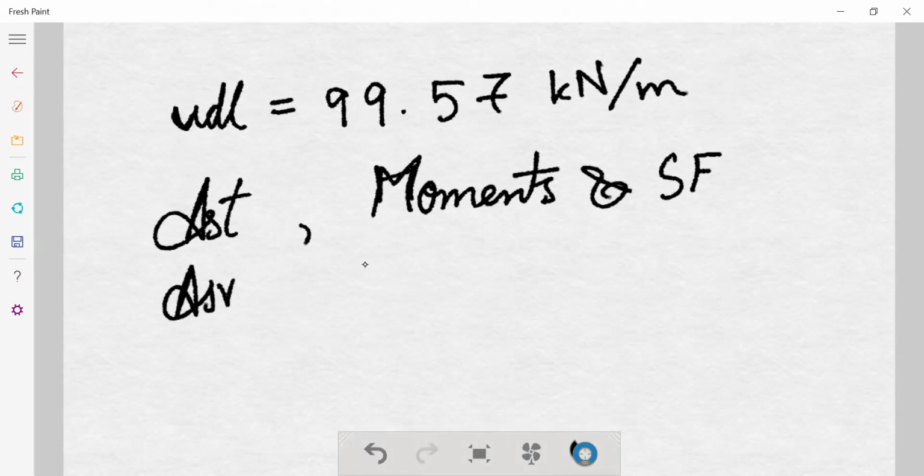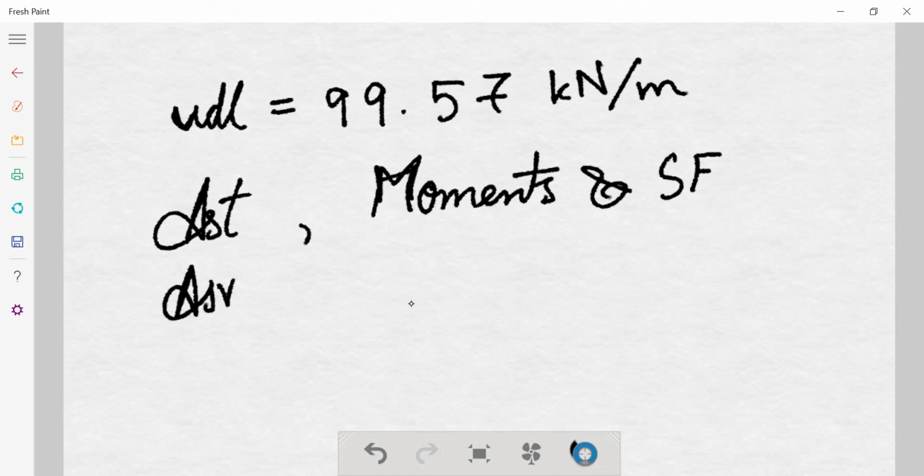Now, since the beams are considered as continuous beams, there are certain coefficients that we use for continuous beams. This is given in IS 456:2000, Table 12.